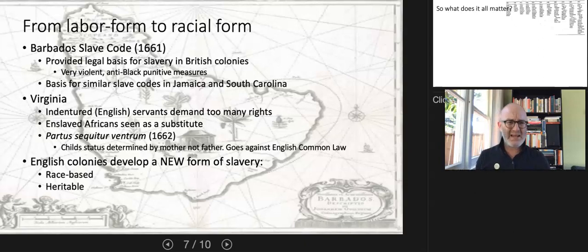It was kind of just the worst job possible that you couldn't get out of unless you paid off your contract. In the New World, this is different. Slavery becomes race-based and heritable. That means you can inherit the status of your parent, your mother primarily. Race-based heritable slavery is a new form of slavery.